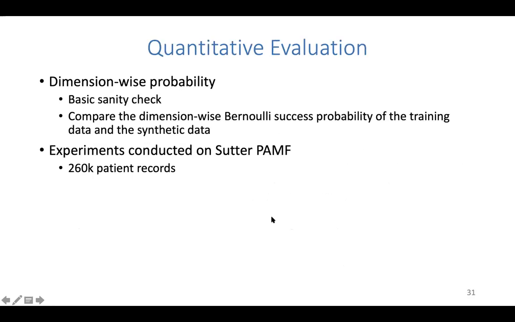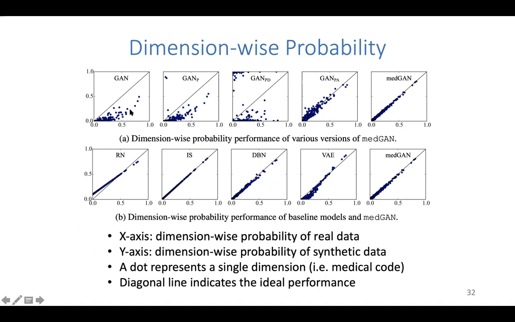So we would see 615 dots here, although we can count it. And then the x-axis is the occurrence probability estimated for each dimension from the fake samples, and the y-axis is the occurrence probability of each dot estimated or calculated from the real samples.